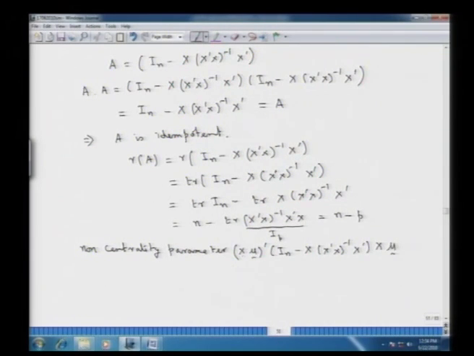Now take X transpose from the left hand side and X from the right hand side. Pre-multiplying by X transpose and post-multiplying by X, what we will have is mu transpose, then X transpose X minus X transpose X (X transpose X) inverse X transpose X, multiplied by this mu vector.